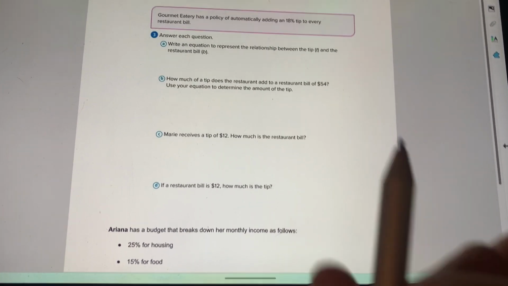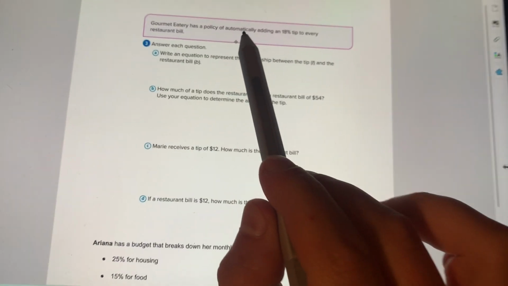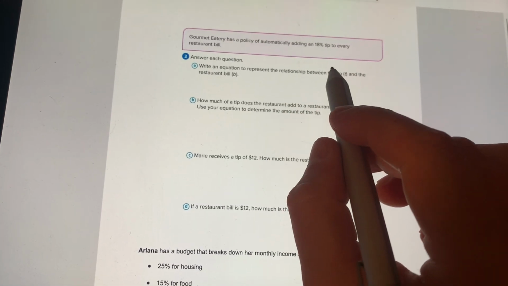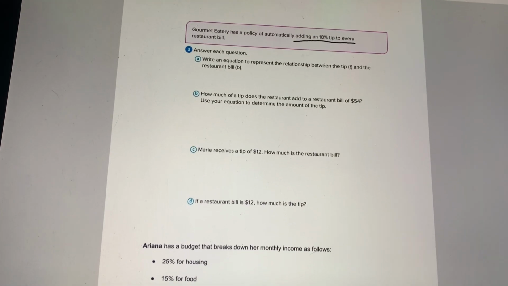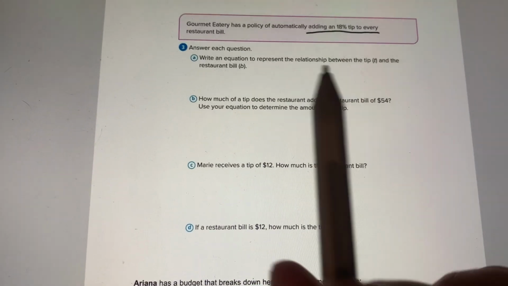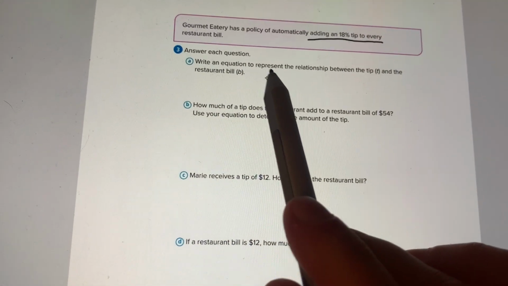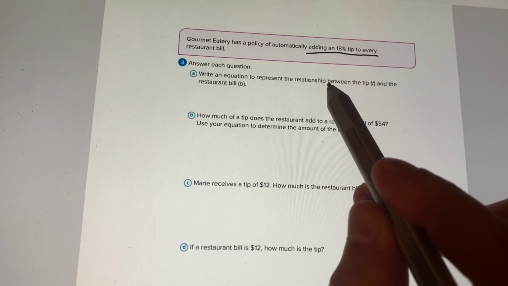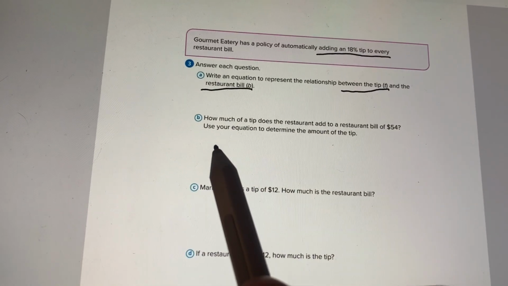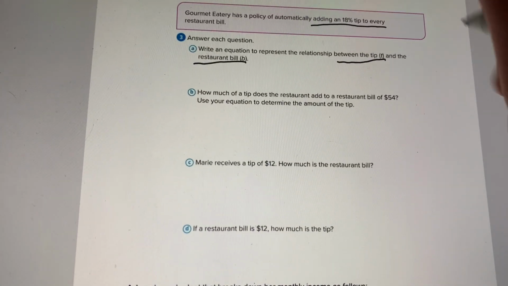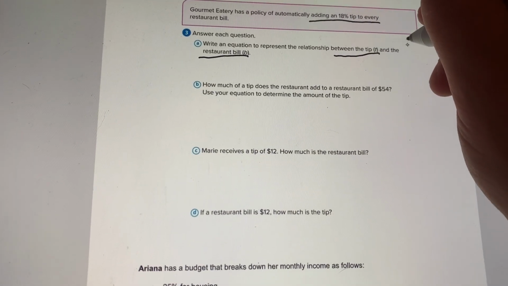Now it says Gourmet Eatery has a policy of automatically adding an 18% tip to every restaurant bill. So they're adding 18% to every restaurant bill as a tip. We need to start off by writing an equation to represent the relationship between tip, which is represented by T, and the restaurant bill, which is represented by B. So this equation, we've used it several times.